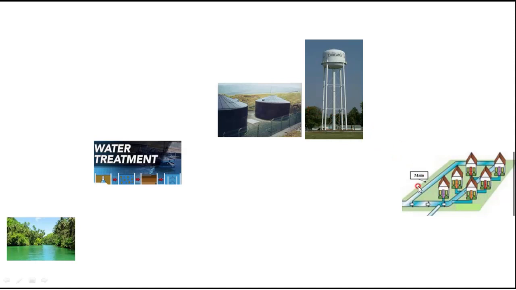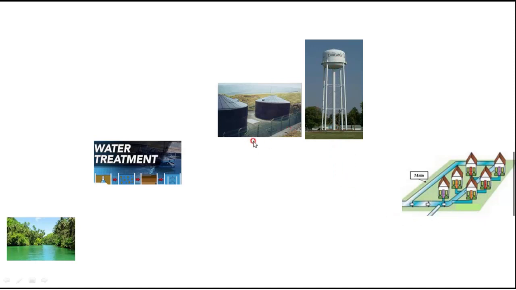Very, very important, you should never use pumps from the service reservoir to the distribution system. Always we should prefer, I'm not saying that you must, but you should prefer gravity flow to the distribution system. Therefore, if you are not getting a good amount of elevation to supply by gravity flow, then you construct one overhead tank.